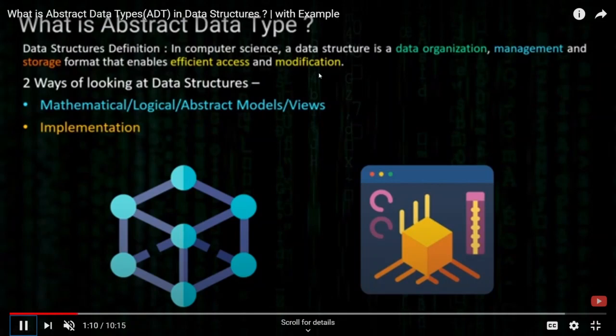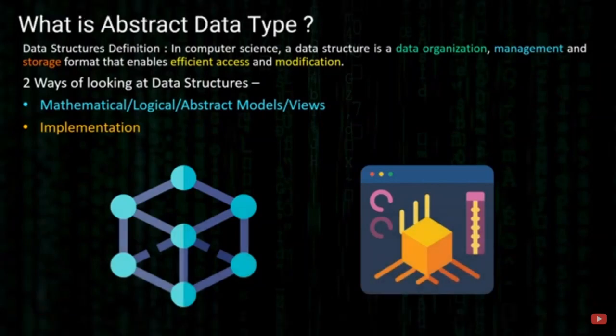So what is data abstraction? Data abstraction is how the information is stored, how the data is organized, how we can access it, and how we can modify it. All these things come under data abstraction.